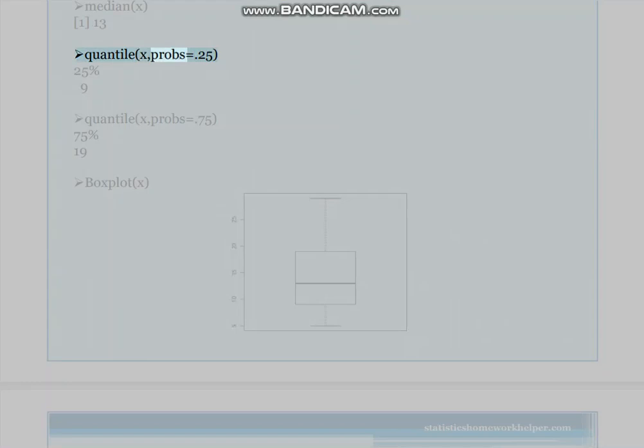Quantile of x at 0.25, the 25% point, is 9. Quantile of x at 0.75, the 75% point, is 19.